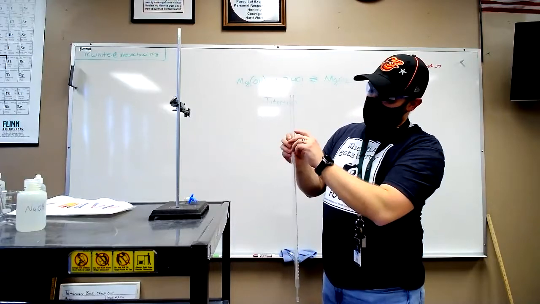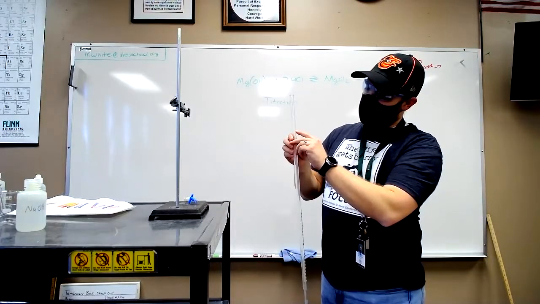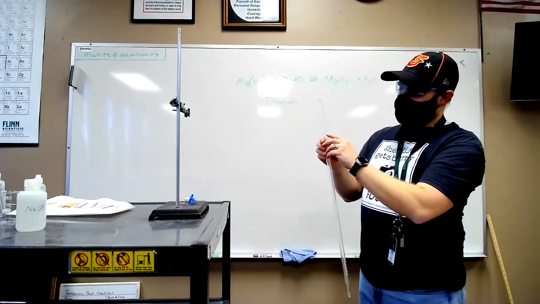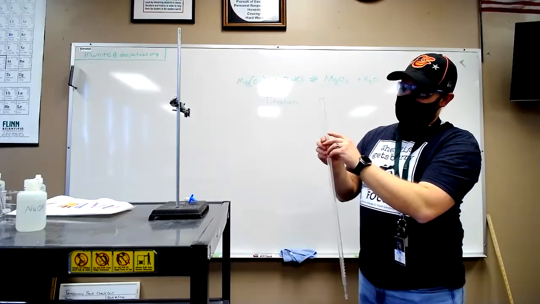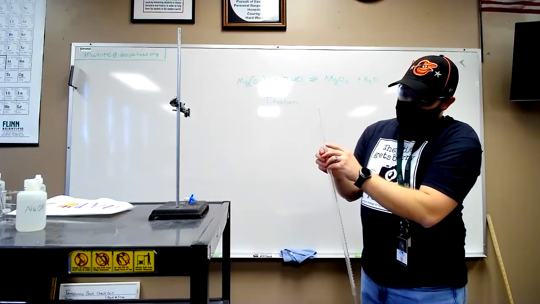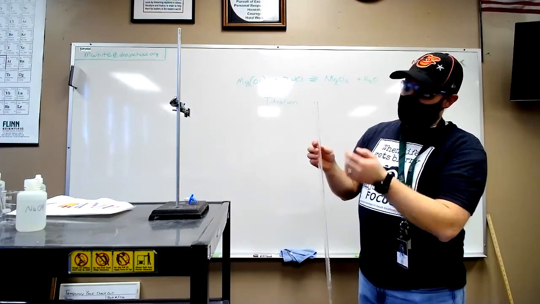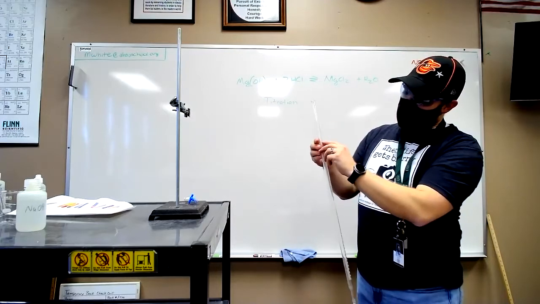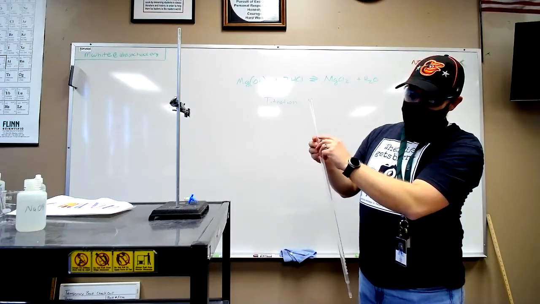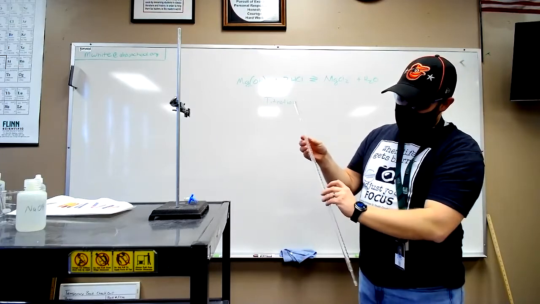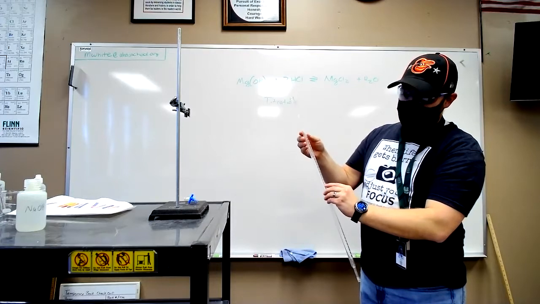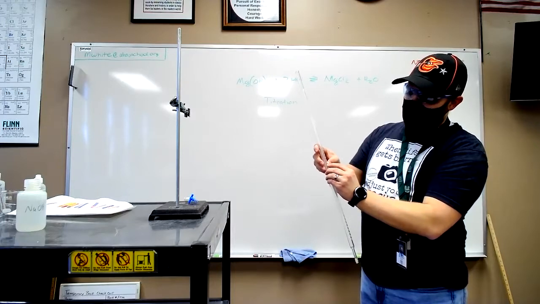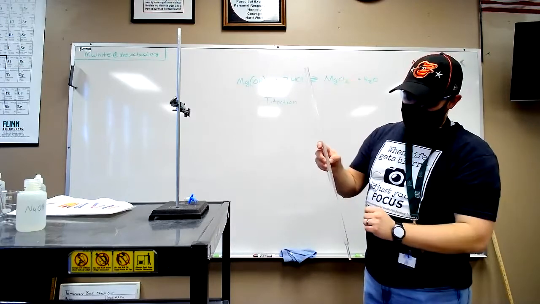Now, we don't have to start right at 0. Sometimes I've seen people waste a lot of time trying to get it right at 0. Not important. All you need to know is where you started, because you just need to know how much was added. So if you started at 2.3 and you finished at 24.2, well, you just subtract 2.3 from 24.2, and that tells you exactly the volume that you added.